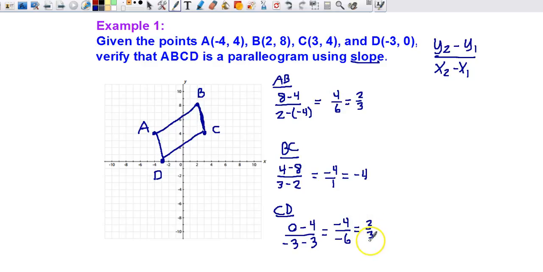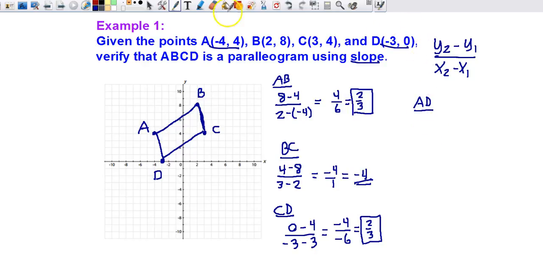So right away you see that, hey, I got this slope the same as this slope. We might be onto something here. We got one more segment, which is actually AD, which is using that and that. So I'm going to do that right over here.